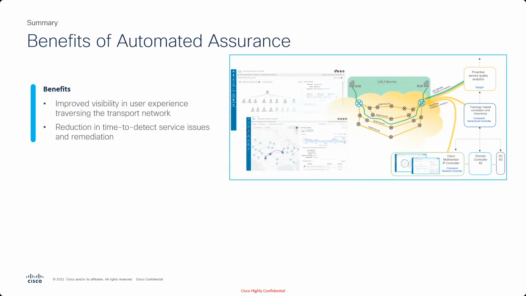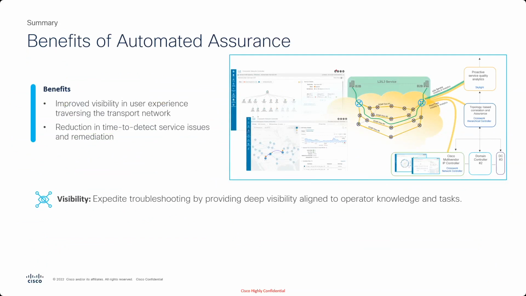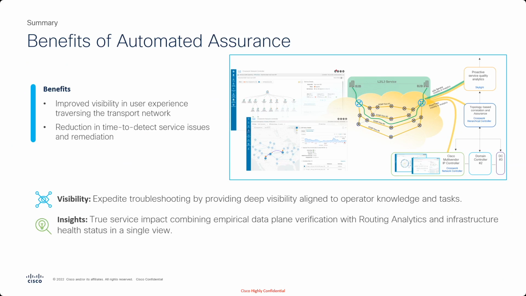And I believe that's it. So what are the benefits? Of course, we improve the overall user experience because we can track exactly what the user experience is while traversing a transport network across the different layers that we can see. We can also help the operator with troubleshooting, because by modeling how to monitor a service, we can automate some of the troubleshooting steps. So we expedite troubleshooting.